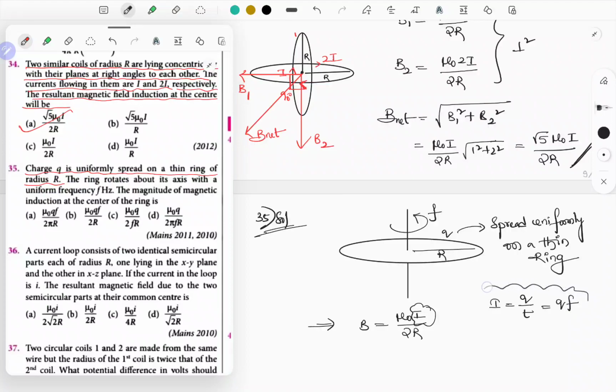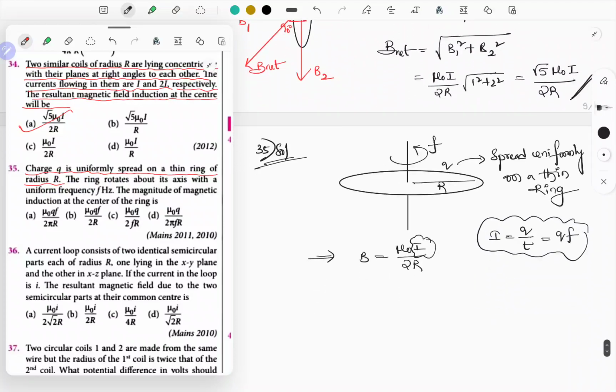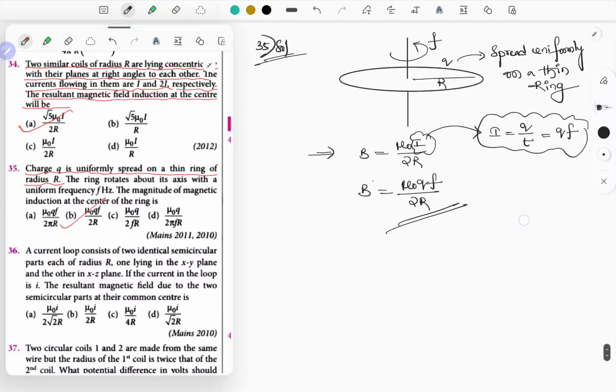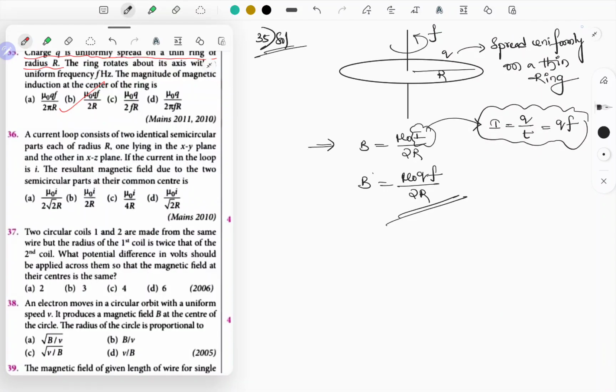Q and f are given data in the question itself. So convert the current into the form of Q and f, then the magnetic field is mu naught Q into f divided by 2R. The answer should be in terms of the given data. Which option matches here? Option B is the correct answer. Understood? Okay, let's move on to the next question.